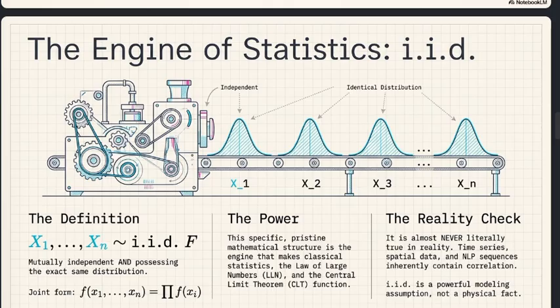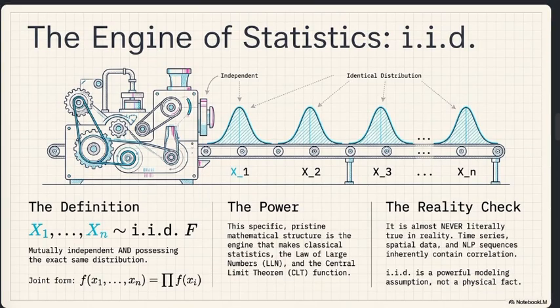Now moving to the next slide, the engine of statistics. One of the most common assumptions in statistics is IID, which stands for independent and identically distributed. Independent means samples don't influence each other, and identical distribution means every sample comes from the same probability distribution.